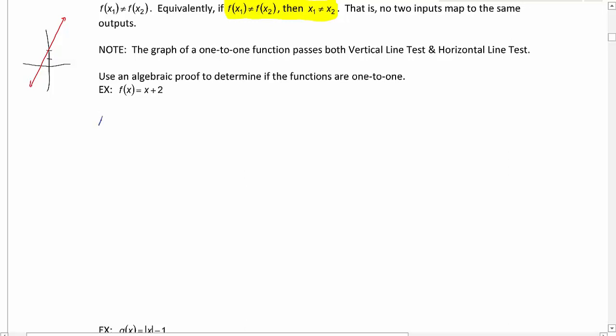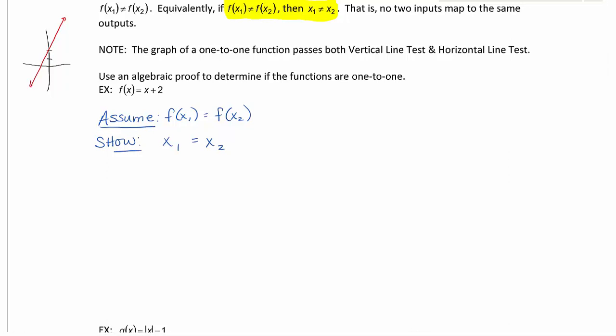All right, so we're going to assume that f of x1 does equal f of x2, and then we're going to try to show that that leads us to x1 being equal to x2. All right, so here goes. We're starting with f of x1 equals f of x2.